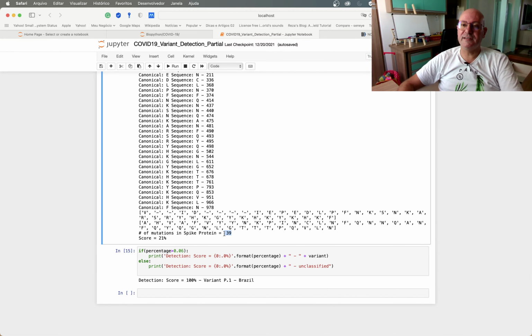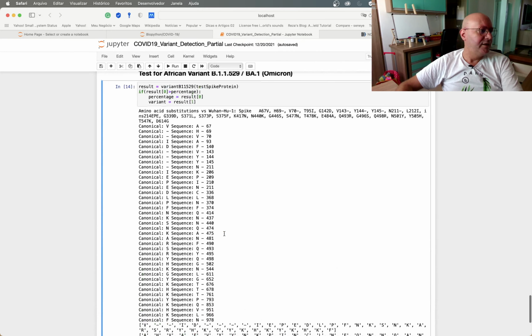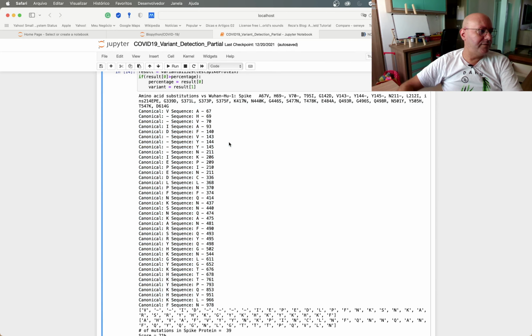That's why scientists got so concerned, because with such a number of mutations, it's very dangerous that one variant may escape the vaccine, right? Fortunately, this is what didn't happen.